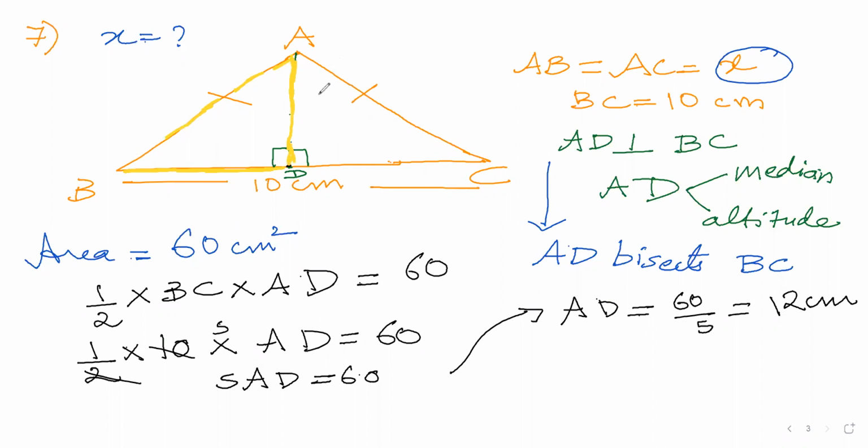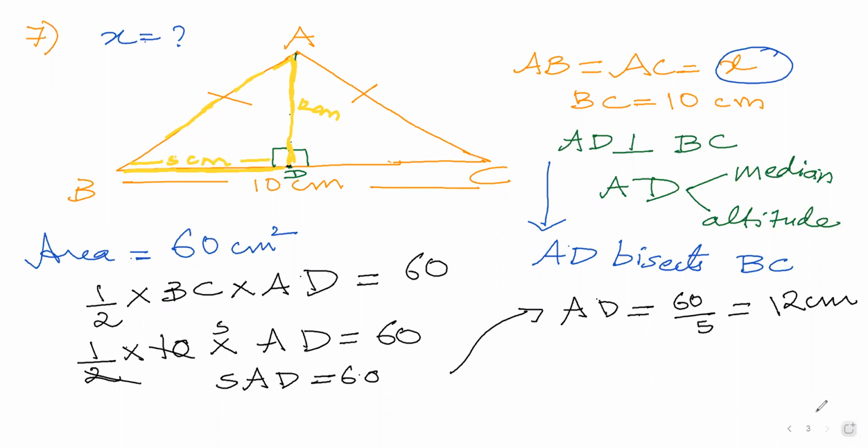Now I know what AD is. It is 12, I've already computed it, which is 12 centimeters. And what is BD? BD is 5 centimeters. So by the Pythagorean triplets, if this is 5 and 12, AB, the hypotenuse, should be 13. Okay.